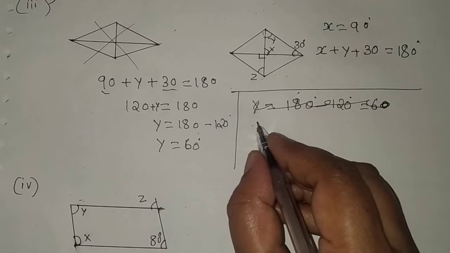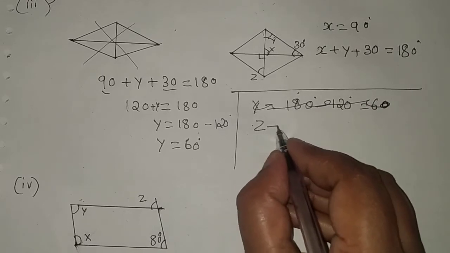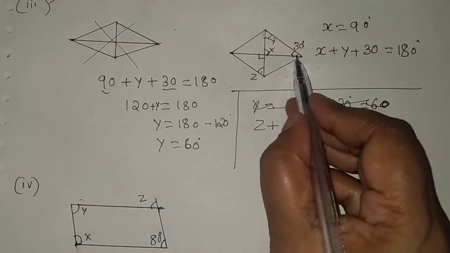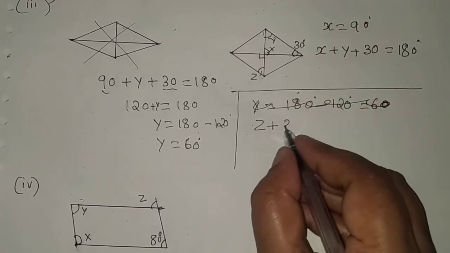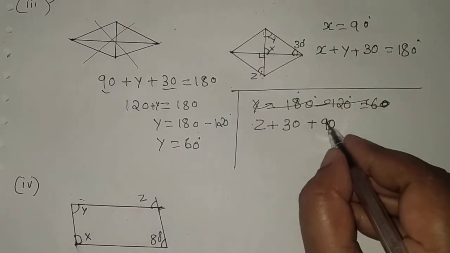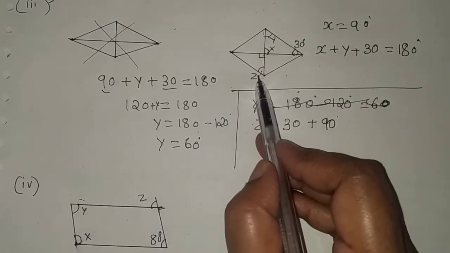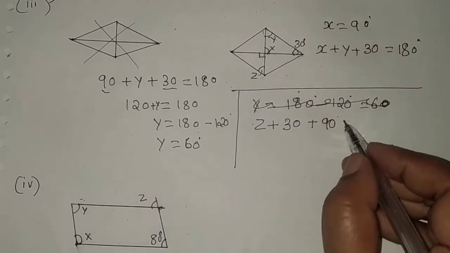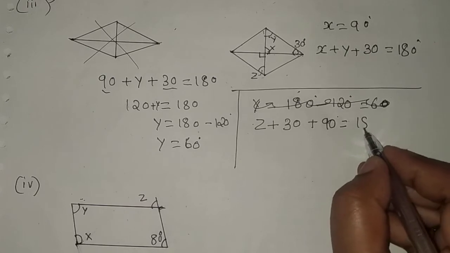Finally we have Z plus this one, the Z plus 30. This is next to this one, that is 30 plus again 90. So we have all these adjacent angles, that is Z plus 30 plus 90 is equal to how much? 180.